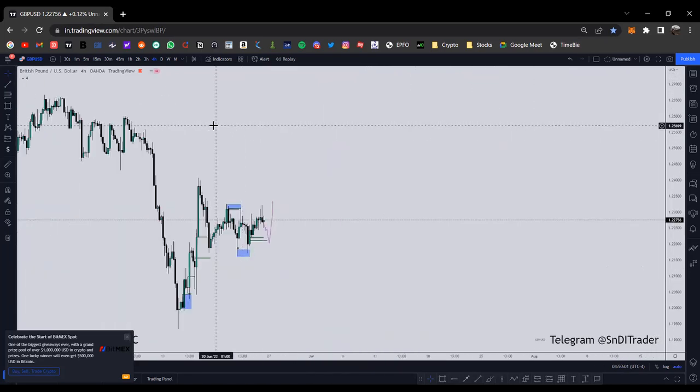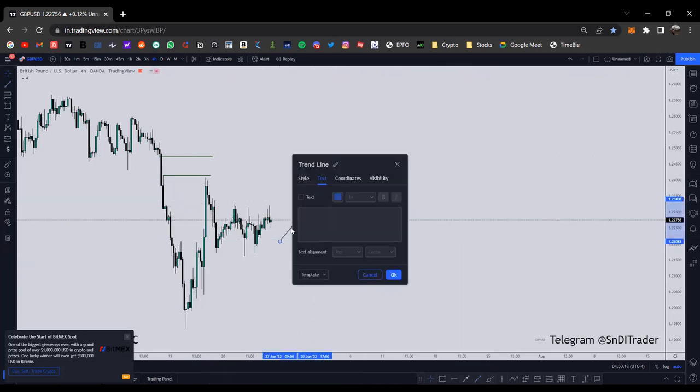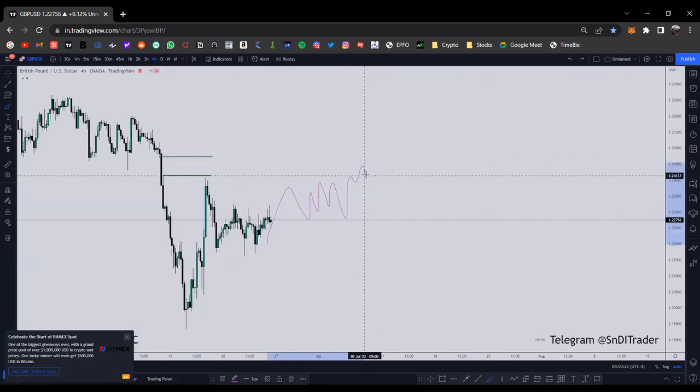Okay, so fair value gap is also a very important topic for you to understand. And we have another fair value gap in here, that is this. So this might get filled as well for taking out any bearish move after filling this fair value gap.